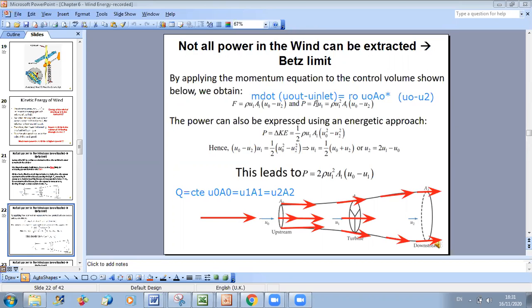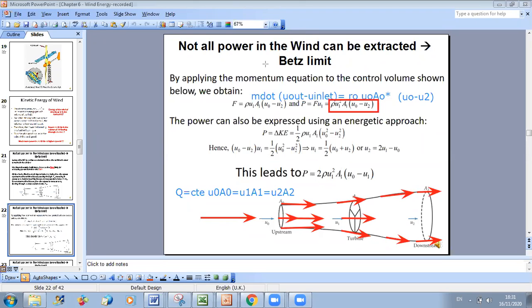So this is the power that can be extracted from the turbine. Just one notice: when you put m dot times u out minus u in, you find the force of the turbine on air. But what you want is the force of the air on the turbine. This is why you will take the opposite.